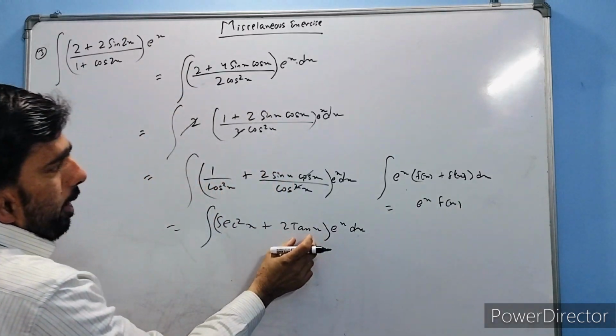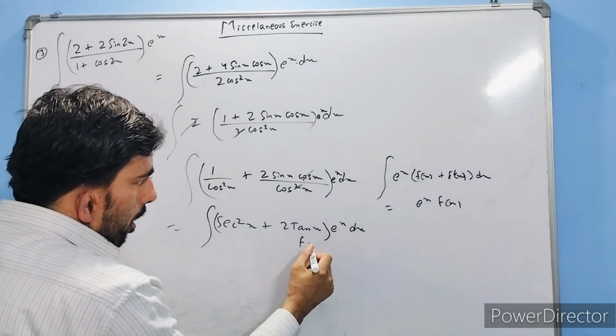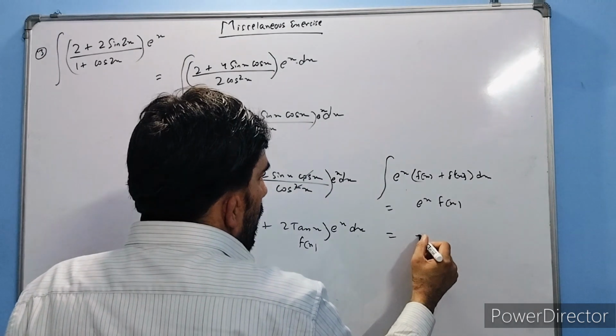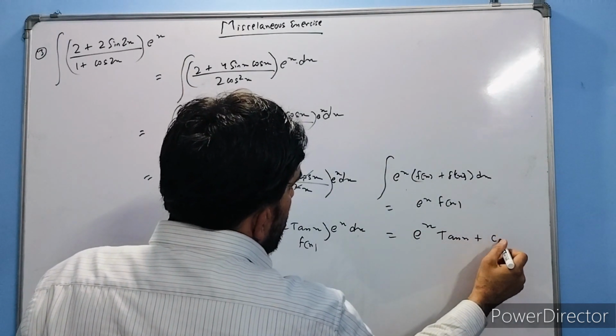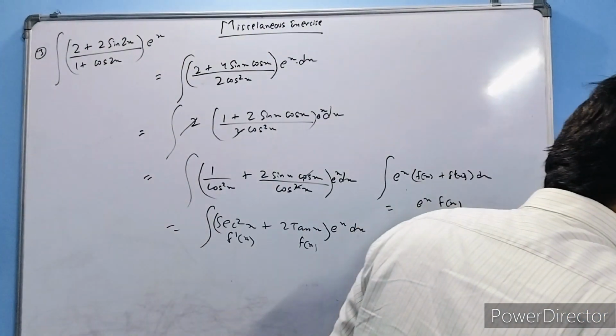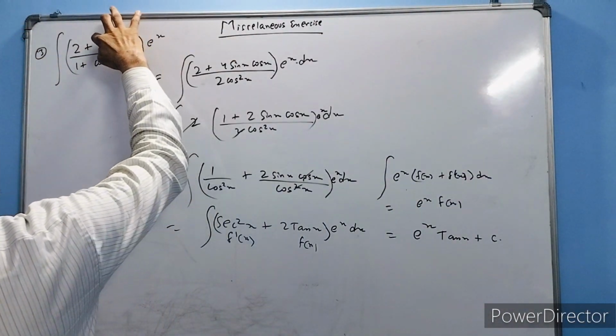Here we have f(x) as tan x, and the differentiation of tan x will be sec square x. So this is f(x), this is f dash x. So clearly we can write e raised power x tan x plus c. Okay, so like this we can easily solve the question.